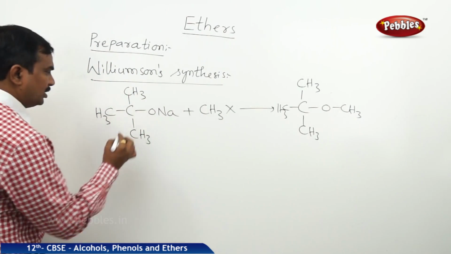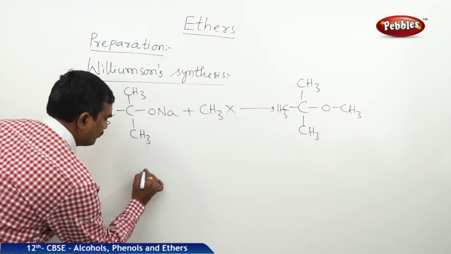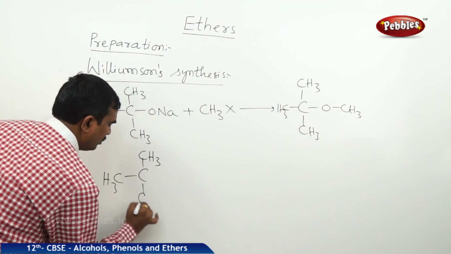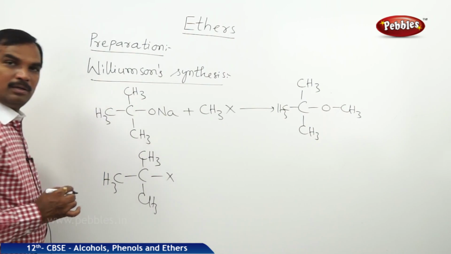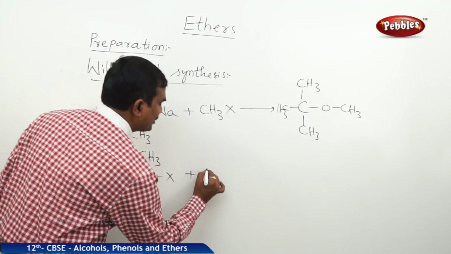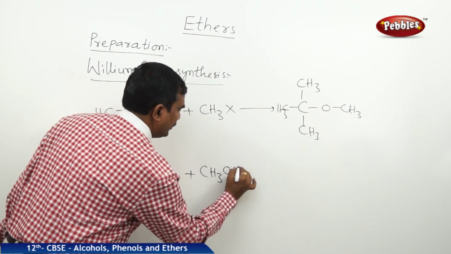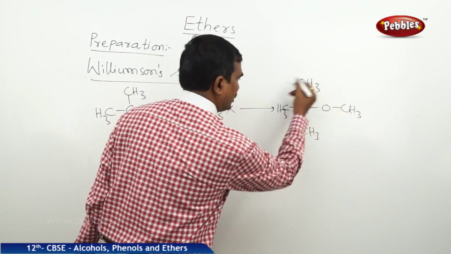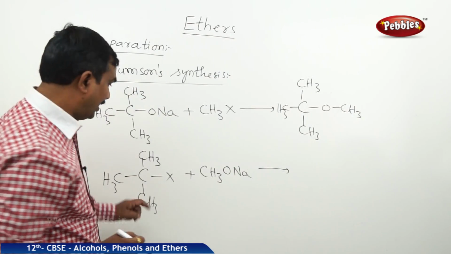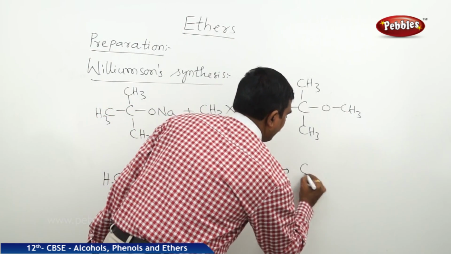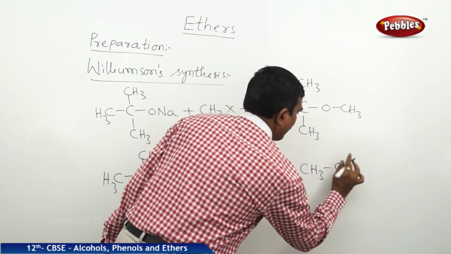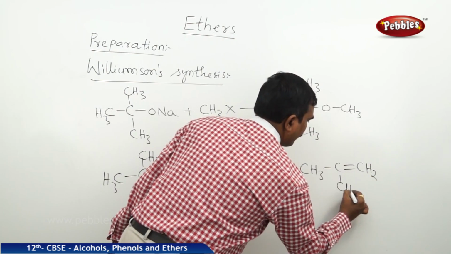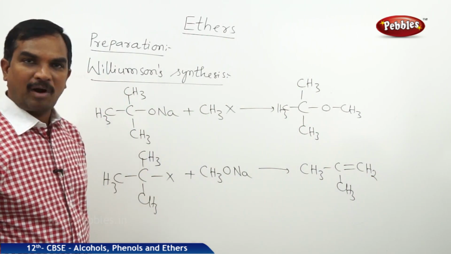But if you use an alkyl halide like this, which is a tertiary alkyl halide, and the corresponding alkoxide like this, sodium methoxide, we may expect this product, but we won't get it. The final product we get here is this one.